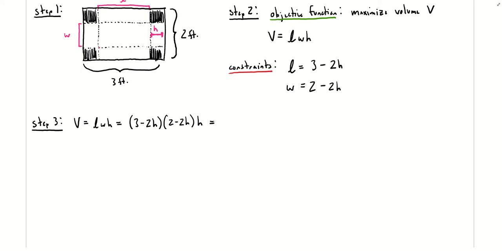So I'm going to make life a little bit easier, and I'm going to expand this out. So multiply through all those pieces, FOIL these, and then multiply them by h. And that's going to give me a volume equation of 4h cubed minus 10h squared plus 6h. So this is now my new objective function. It means the same thing. It's still the volume, but now it's just in terms of h.